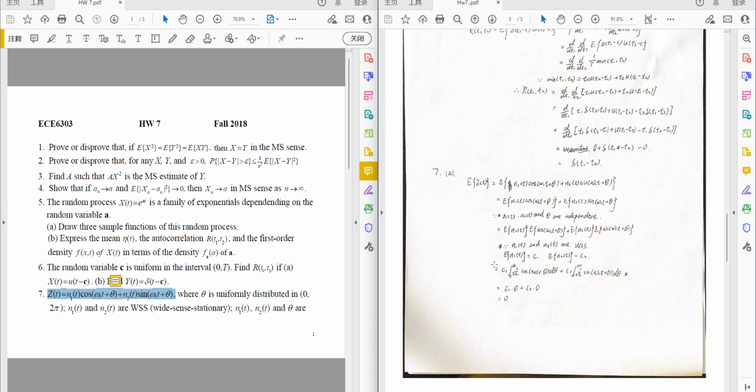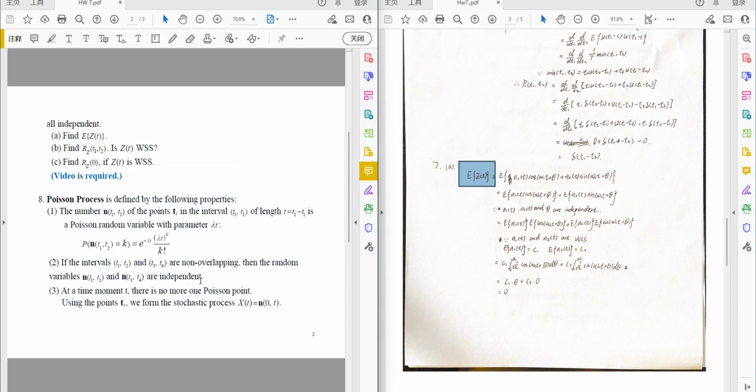So we replace them in the expression, and we can get this. Now we focus on these two integrals. We can see they're zero. So the final value is 0, which is the expectation of Z(t).